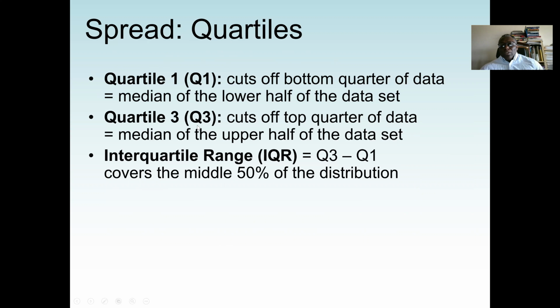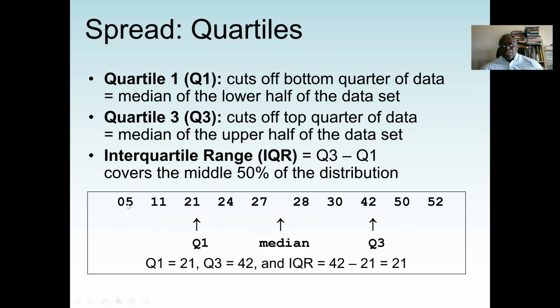Quartile 3 cuts off the top quarter of the data, which is the median of the upper half of the data set. The interquartile range is the difference between quartile 3 and quartile 1. We also have quartile 2, but we didn't mention it here because quartile 2 is the same as the median of the data set.